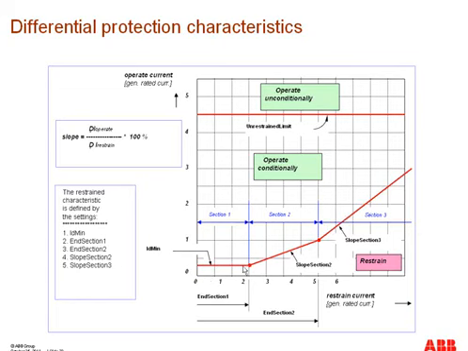The first section of this characteristic covers the errors introduced by the differential schemes due to the magnetization current, the non-current dependent, non-load dependent part of the differential scheme. So this is covered in section number 1.